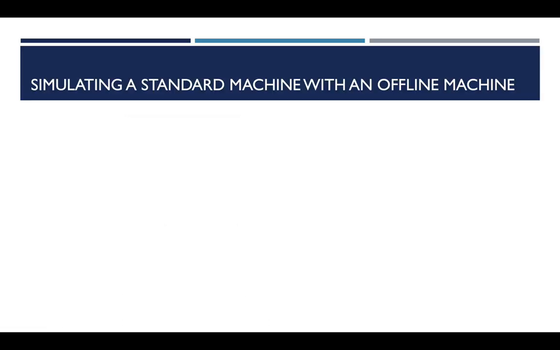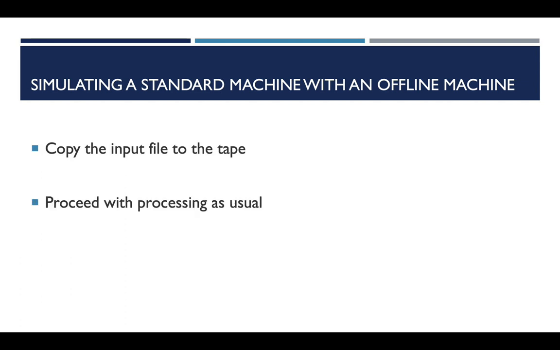So if we wanted to simulate a standard machine with an offline machine, all we need to do is take the input file and copy the input file to the tape character by character. So we start from the left and we read the first character, then copy it to the tape, reread the second character, copy it to the tape, the third character, so on and so forth.